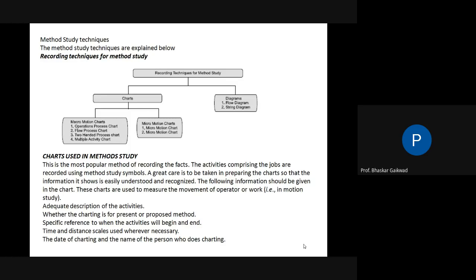In order to study this logic, we have these charts: micro motion chart and macro motion charts, and two diagrams, string diagram and flow diagram. So, what are these diagrams? Step by step, we are going to see. But before that, a brief explanation of the points related to the method study procedure that is in front of you. Okay. If anybody has any problems, you can ask.